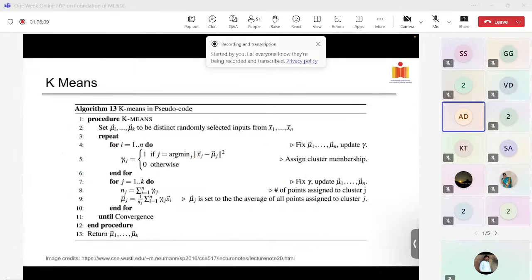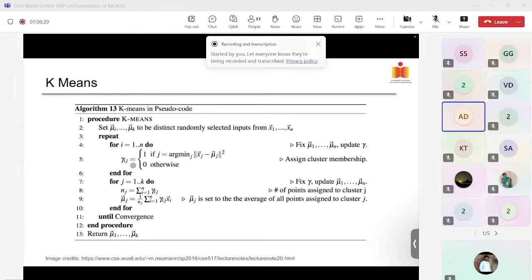Maybe let's look at the algorithm if that helps. We start off at point number 2 with randomly selected initial cluster centers, which we label mu 1 to mu k. Then for each point, that is i equals 1 to n, we calculate which cluster it is closer to.